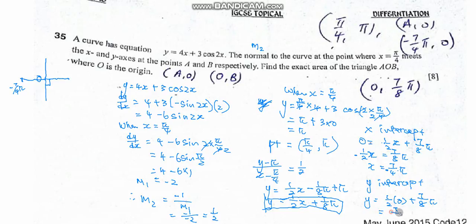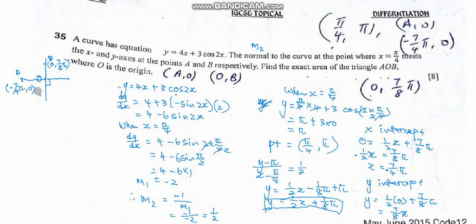So the y-intercept is 7 over 8 pi. It's here, this is B, 0, 7 over 8 pi. Here is this A, minus 7 over 4 pi, 0.